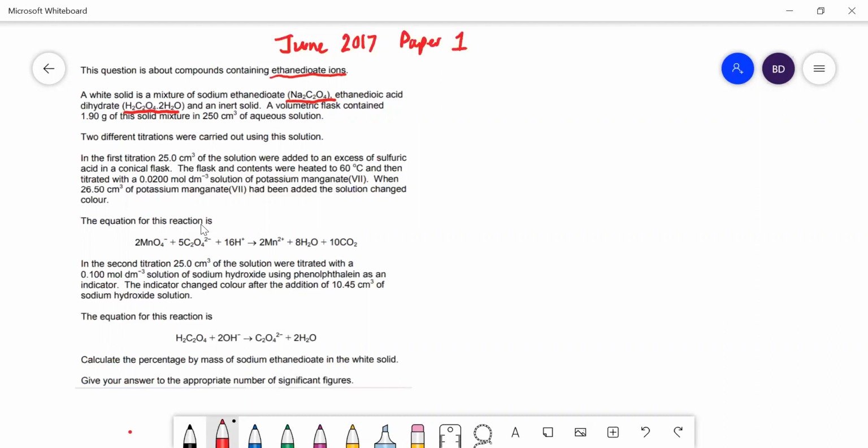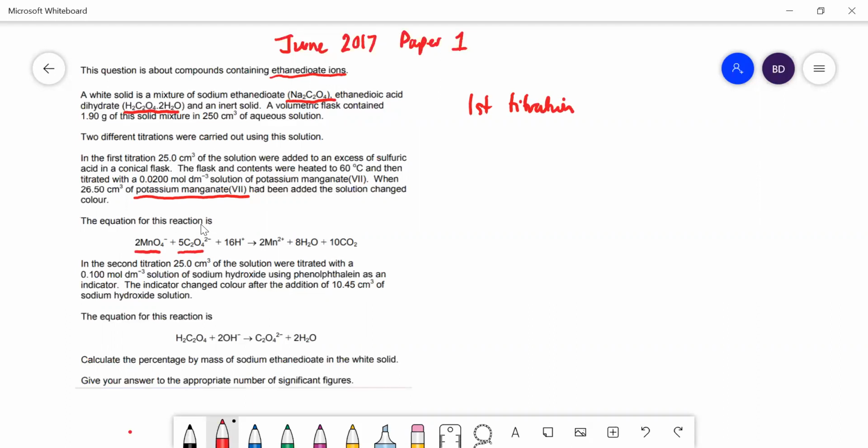Now the first titration, to save you reading it, or you can pause it and read it. The first titration was against potassium manganate. That potassium manganate will oxidize the ethane dioate ions.